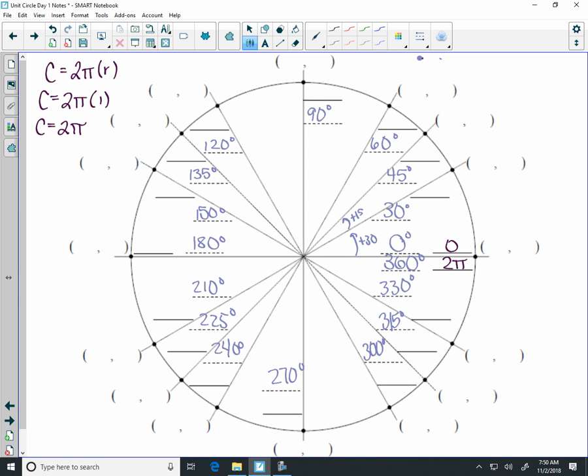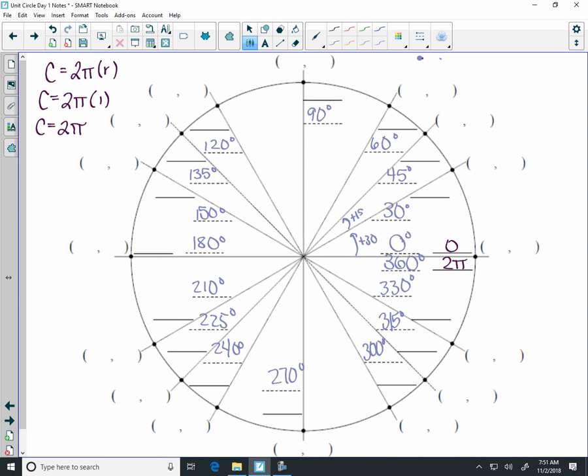I like to, when I'm teaching this from scratch, count around the unit circle in 12ths. If you just want to straight up memorize everything, that's absolutely fine. I think it's really helpful to be able to kind of count around and understand where all the values come from. So I'm going to put a couple benchmarks on here for us, and then we'll see where all these numbers came from. So all the way around is 2 pi.